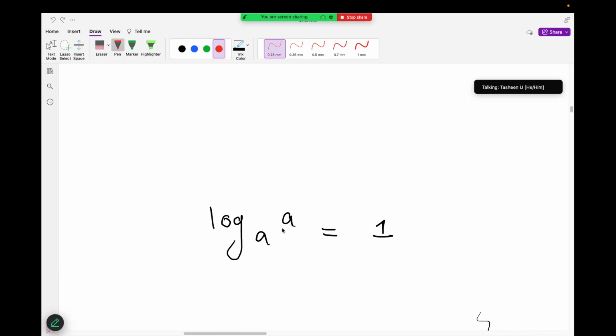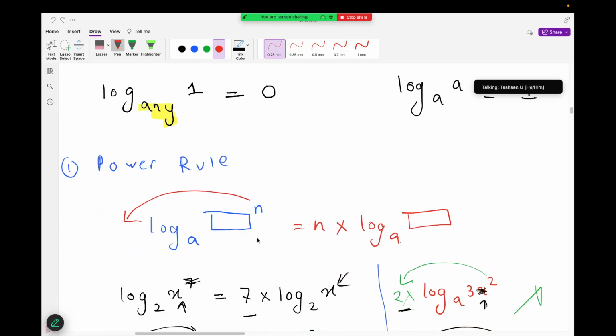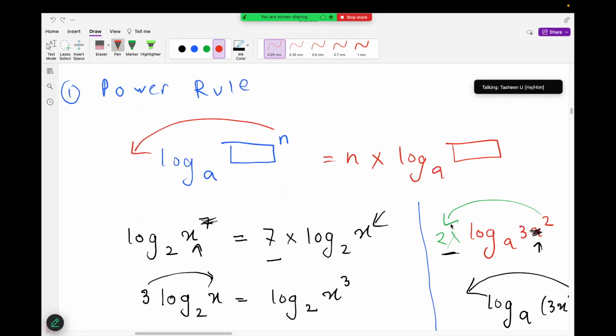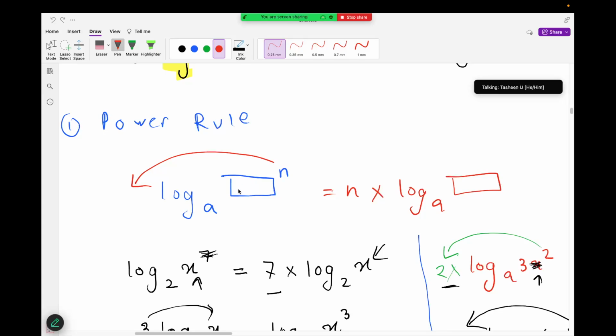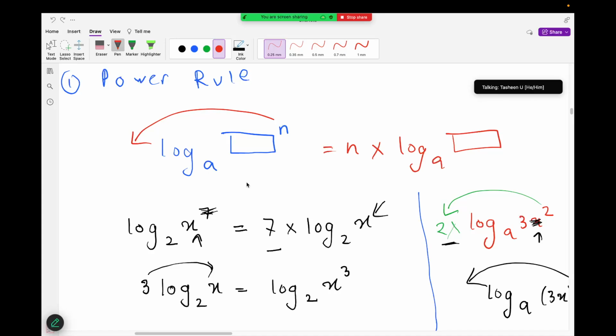And if you have the same argument and base, it is equal to 1. You know the power rule of log, that if you have anything to the power in the argument, it can be written as n multiplied by log base a of the argument. Now do not make this mistake. This n must be the power of the argument, not the entire log.